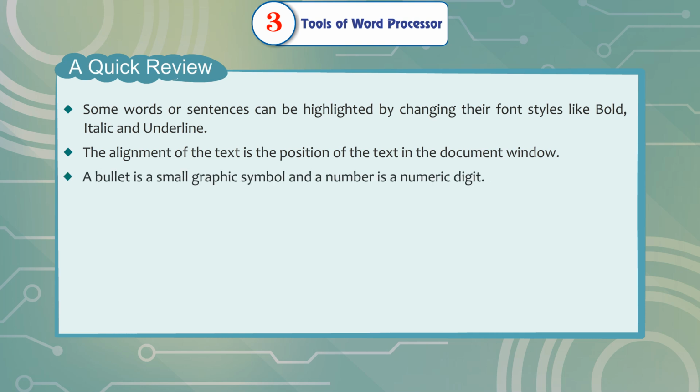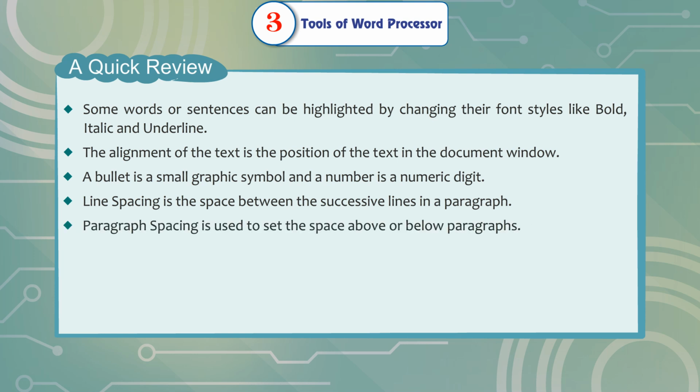A bullet is a small graphic symbol and a number is a numeric digit. Line spacing is the space between the successive lines in a paragraph. Paragraph spacing is used to set the space above or below paragraphs. When you take a print of the document on paper, it is called a hard copy.